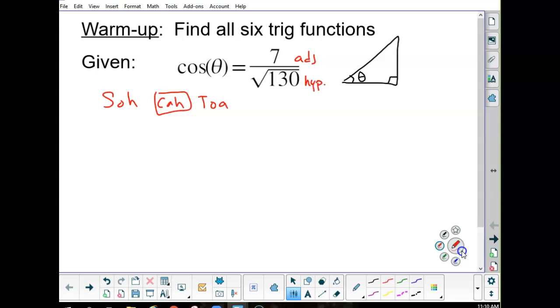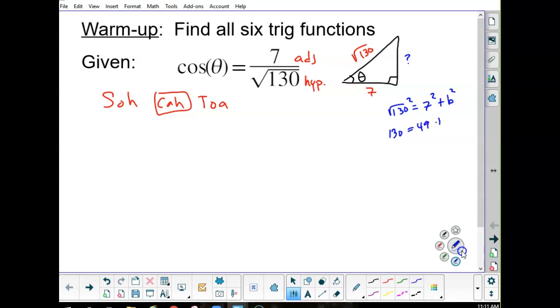So then they give us the adjacent side, which is 7. They give us the hypotenuse, which is the square root of 130. And you will have to do the Pythagorean Theorem to find the missing side value. All right, so if we do the Pythagorean Theorem to find this missing side length, I'm just going to call it b, you can go ahead and set up your work.